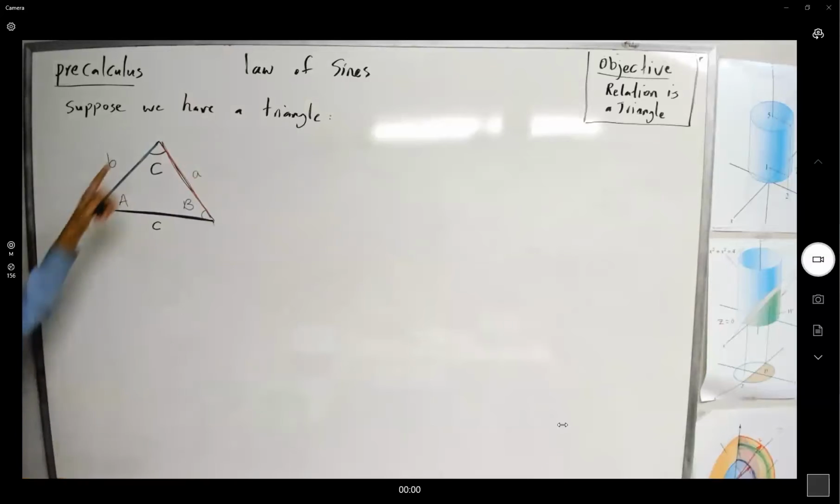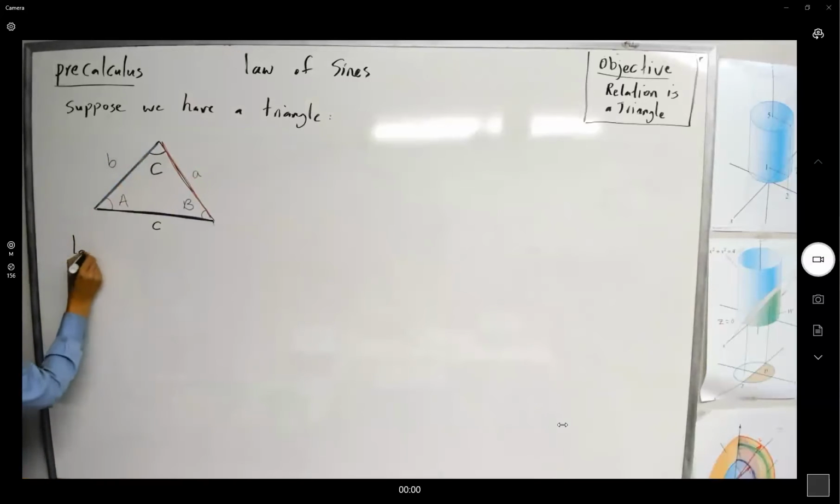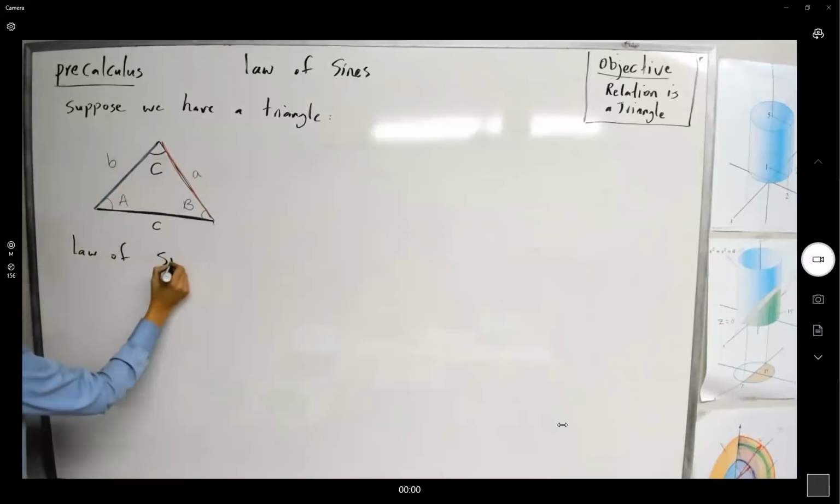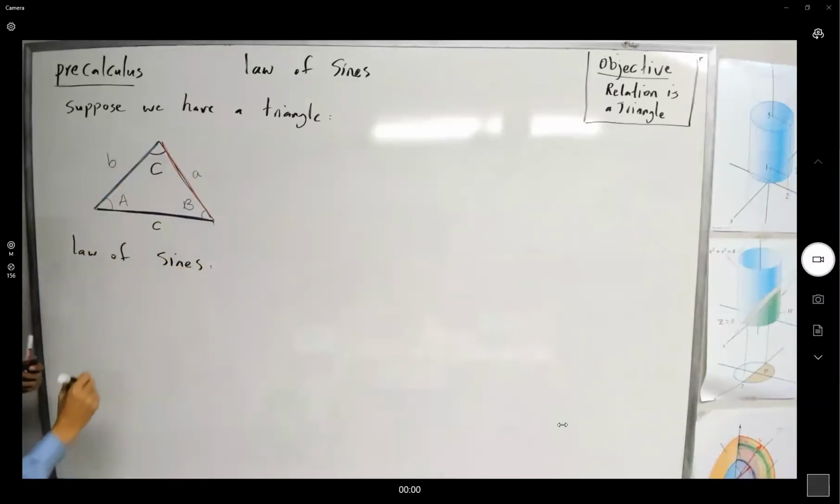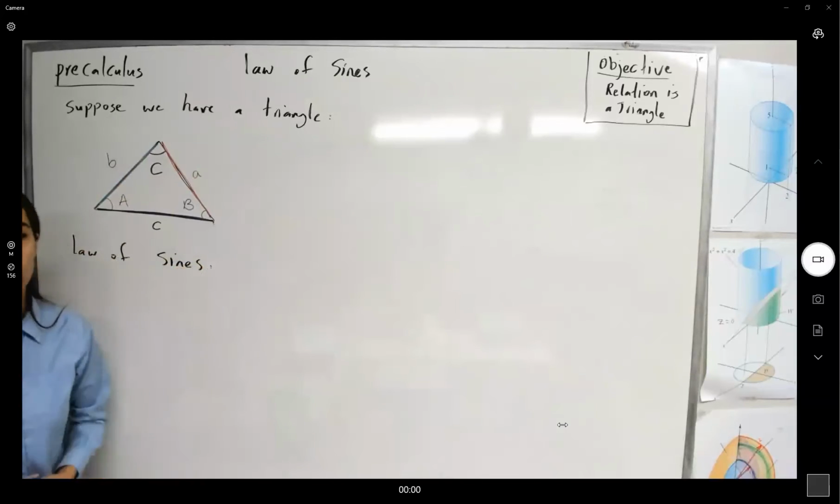Well, the law of sines says these proportions are all equal to each other.